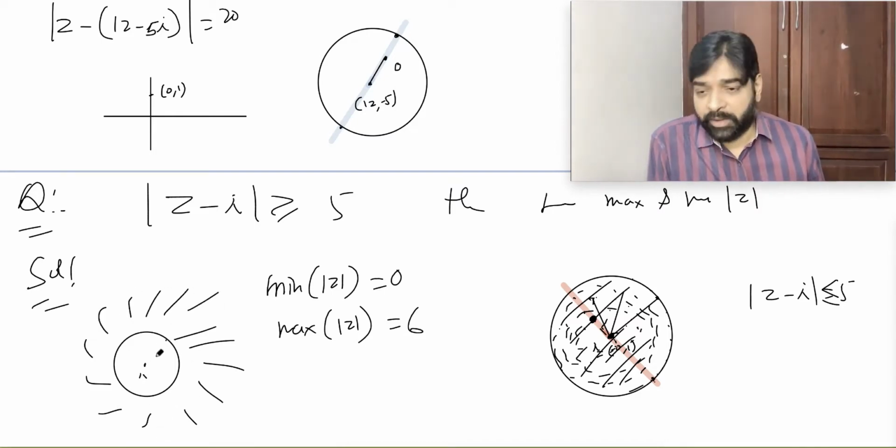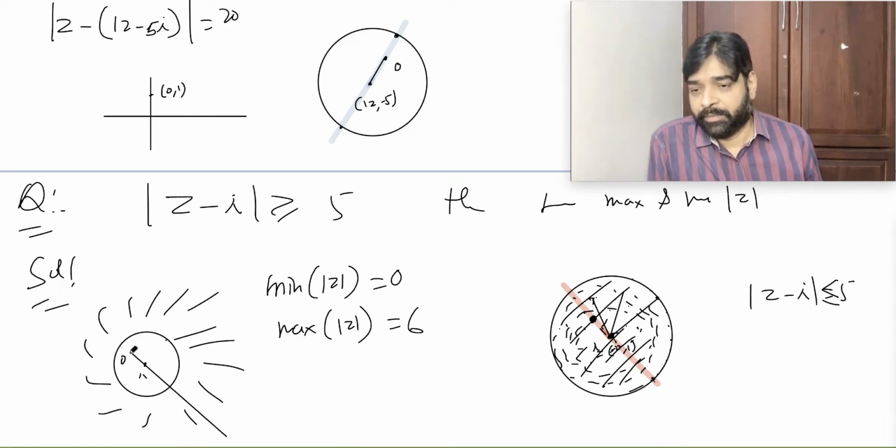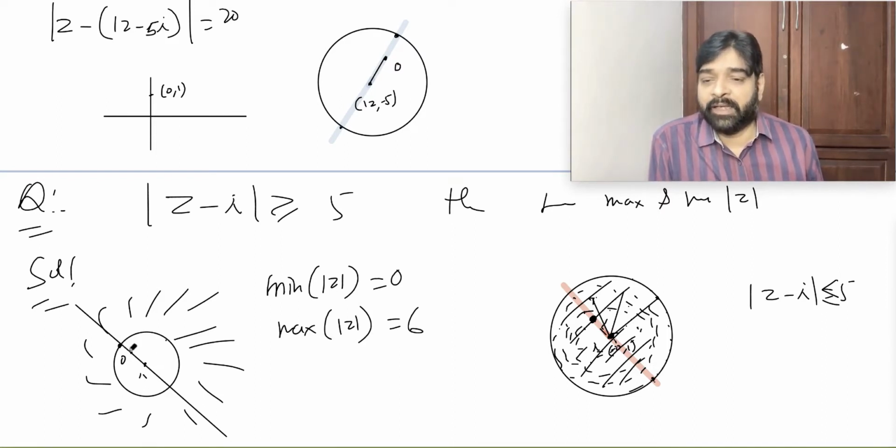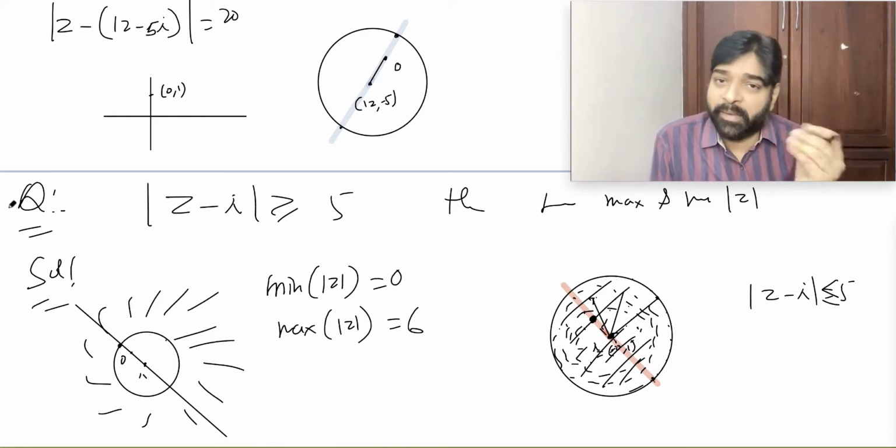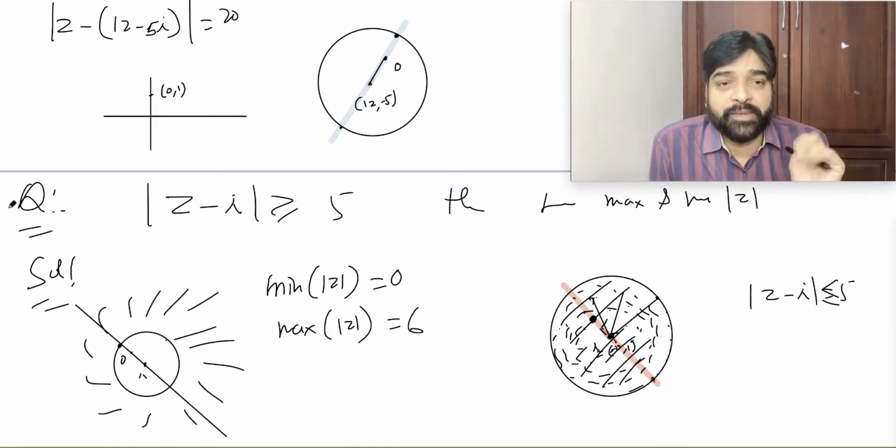This is your I, this is your origin, join this and extend it. What is the minimum value? The minimum will be here, and that length is 4 units. But the maximum can go anywhere, so maximum mod Z will be infinity, but minimum mod Z will be 4 units. Did you understand?